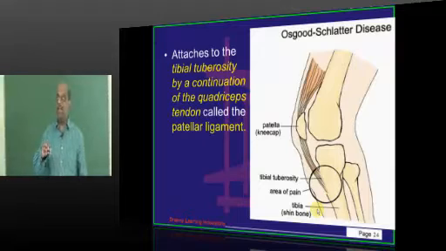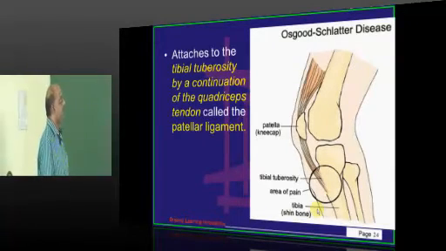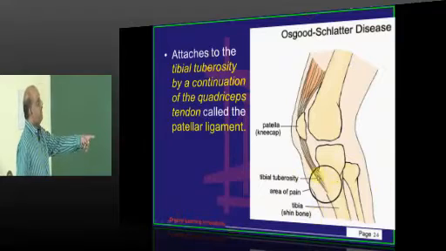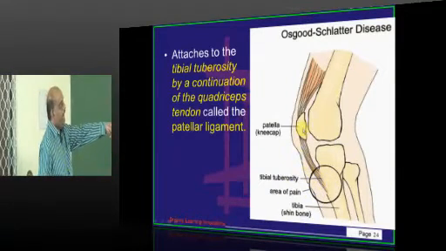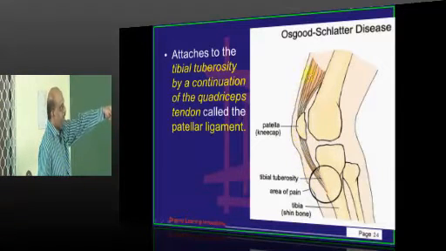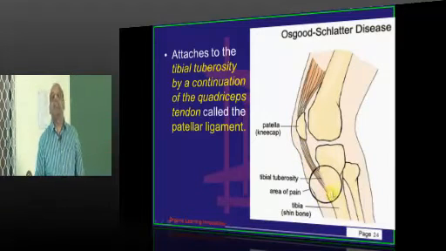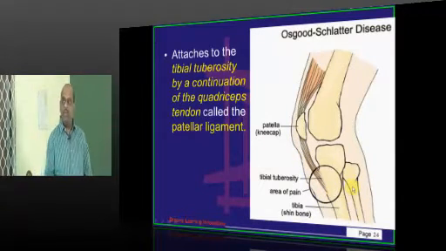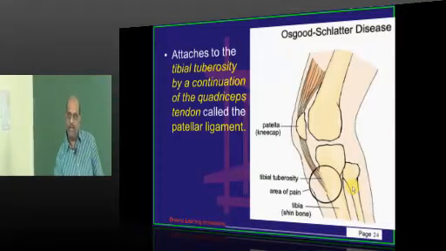But you have that quadriceps tendon. So the tibial tuberosity on the tibia and the patella, both of them are connected by the continuation of the quadriceps tendon, which is otherwise called the patellar ligament. So whenever you are eliciting a patellar reflex, where are you tapping, doctor?